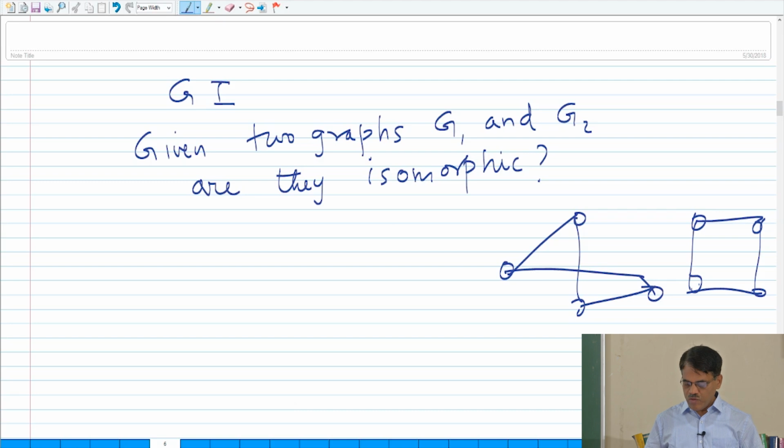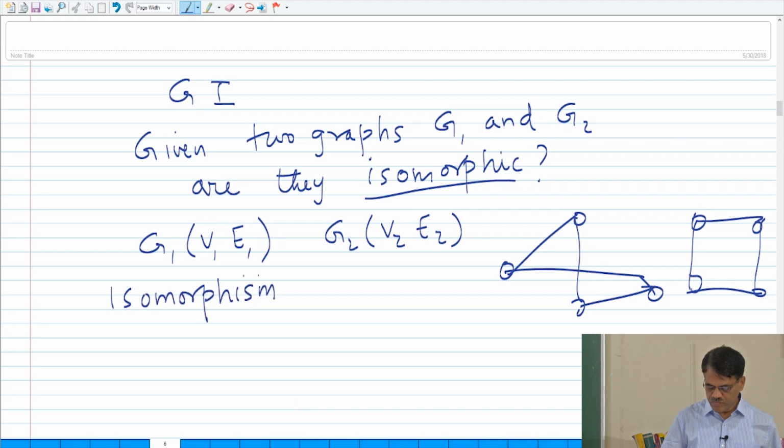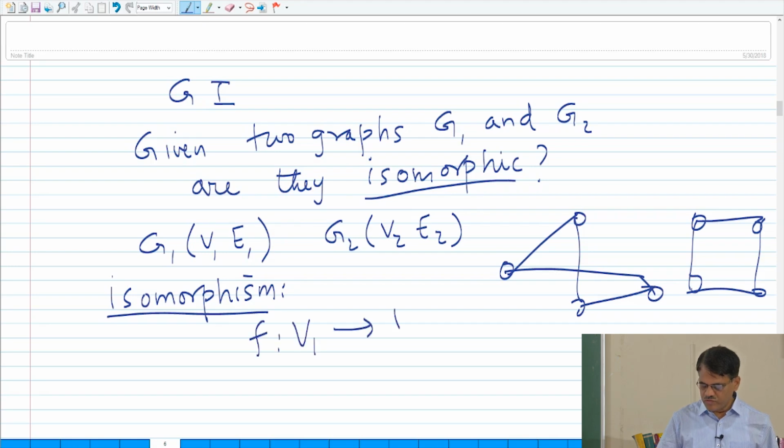How do you show it? Well, what does isomorphism mean? That there exists a function. So let's say G1 is (V1, E1), G2 is (V2, E2), and isomorphism is a function f from V1 to V2, right?